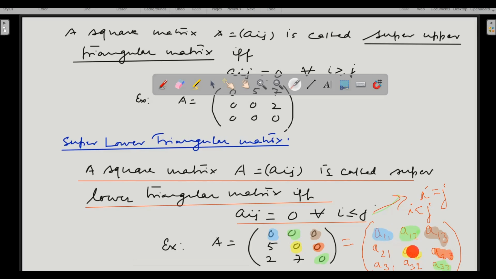A11, i is equal to j, A22, i is equal to j, A33, i is equal to j. So for these it is smaller, and for these it is equal.